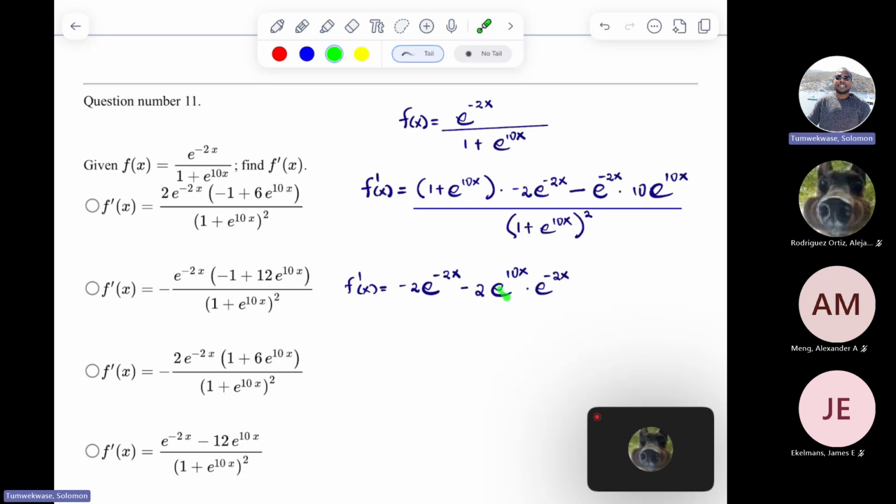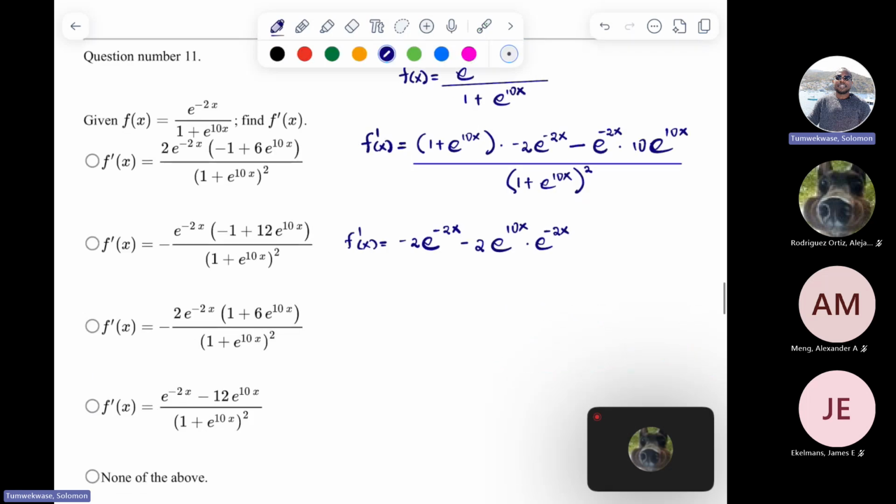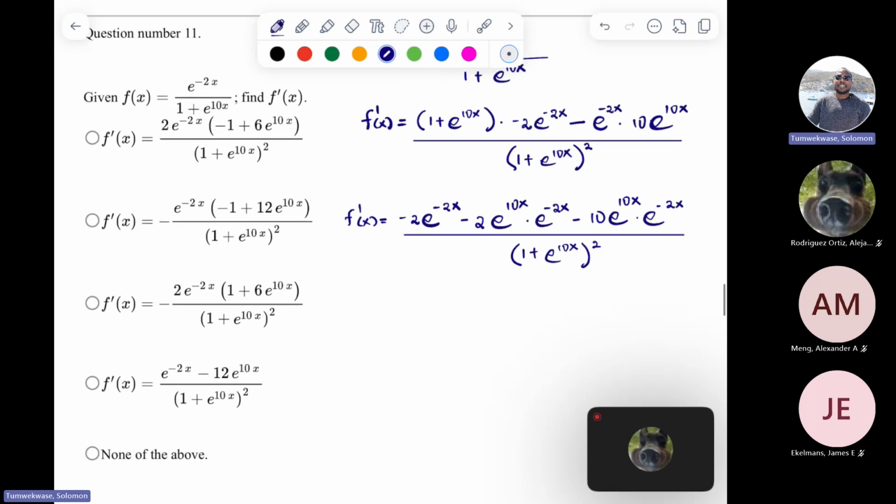Now, of course, I could multiply these two guys so that I have e to the 10x minus 2x, which is e to the 8x. But I'm not doing that right now because I want to factor out so easily. Then minus 10 e to the 10x, then times e to the negative 2x. Okay, I have just rearranged this and this guy here. I'm writing the other one first. Then over 1 plus e to the 10x, then the whole of it squared.